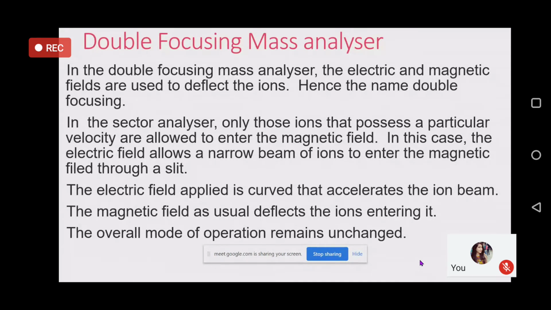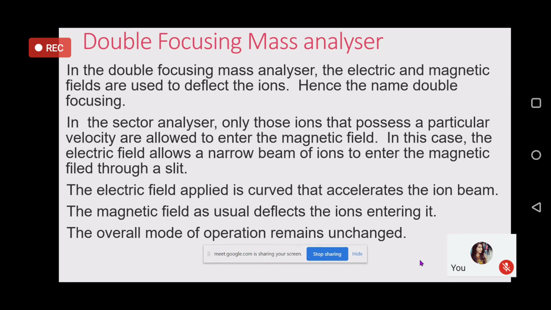So in a double focusing mass analyzer, the electric and the magnetic fields are used to deflect the ions, hence the name double focusing. In the sector analyzer, only those ions that possess a particular velocity are allowed to enter the magnetic field. In this case, the electric field allows a narrow beam of ions to enter the magnetic field through a slit.